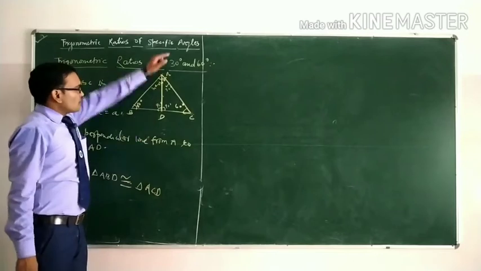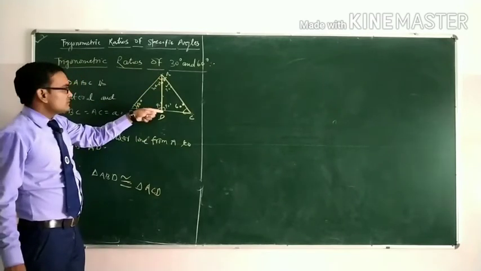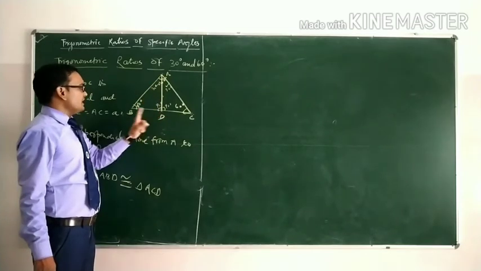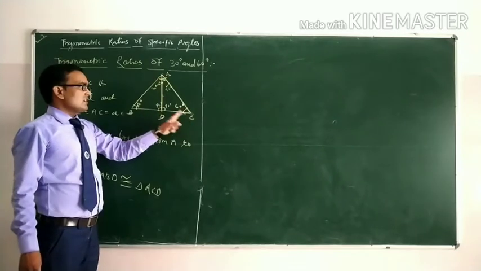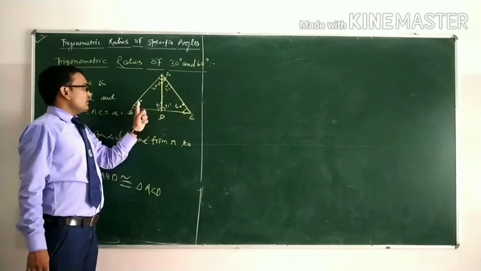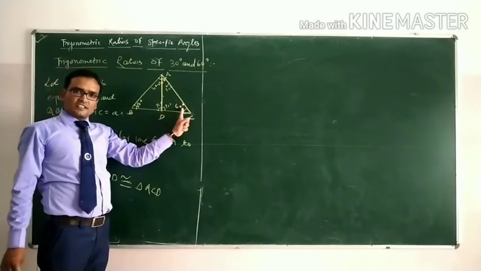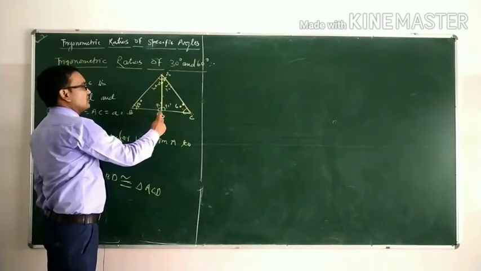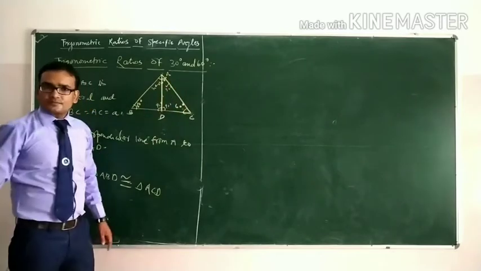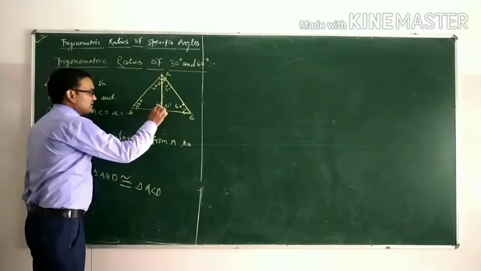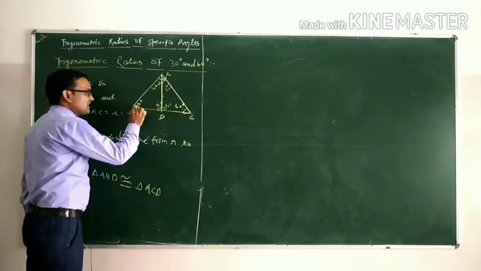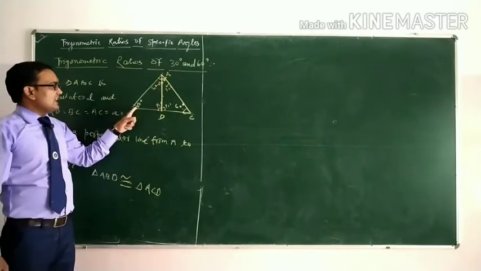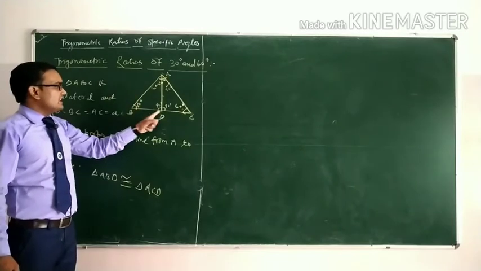Why? We draw a line perpendicular to BC, so angle ADB and angle ADC are 90 degrees, angle B is 60 degrees, angle C is 60 degrees, then angle BAD and angle DAC are 30 degrees. If this angle is 90 degrees and angle B is 60 degrees, then the sum of the interior angles of triangle ABD is 180.